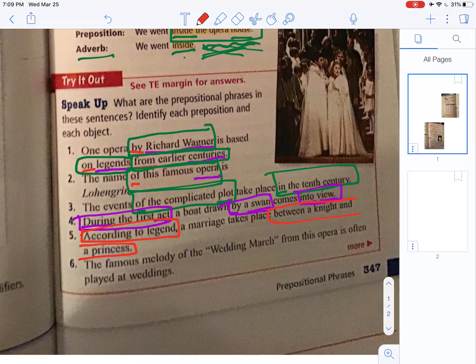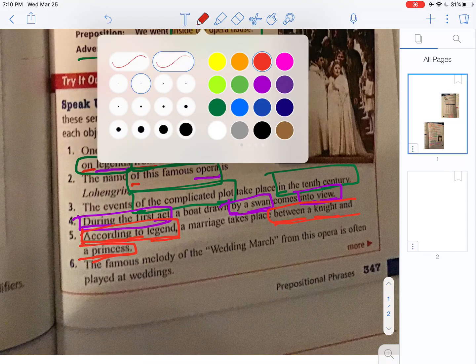So for my first prepositional phrase, according to is my whole preposition, and legend is my object. And in this one, between is my preposition. And again, remember, sometimes some prepositions lead to 2 objects. So between, knight is my object of preposition, and so is princess. But because princess is the last one, that's where my prepositional phrase has to end.